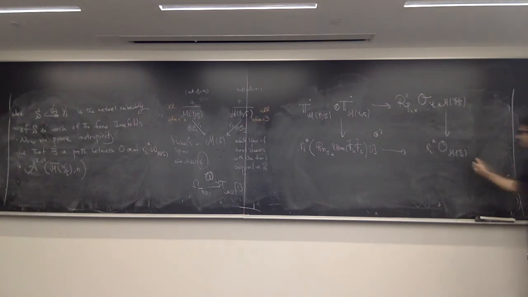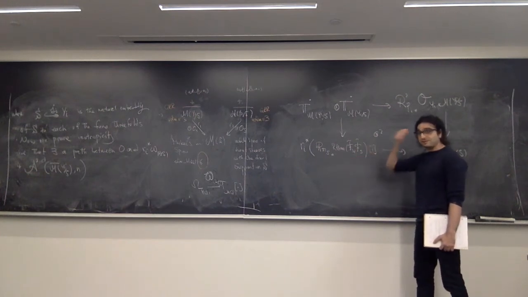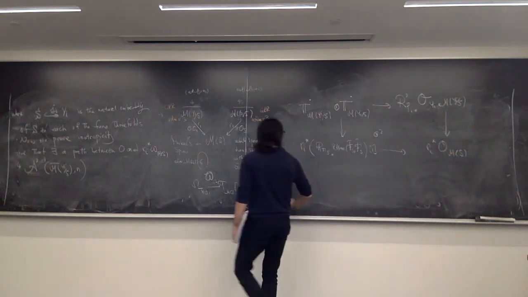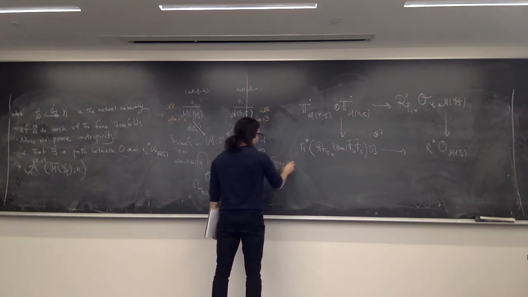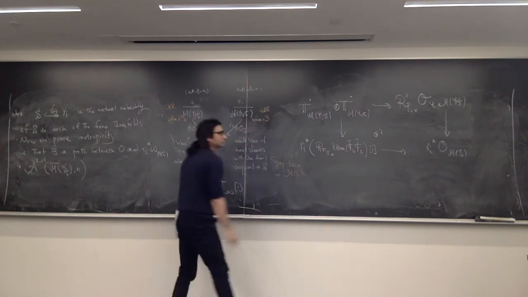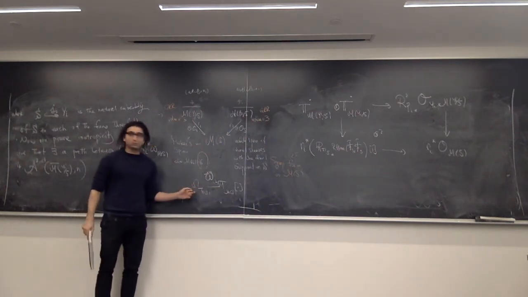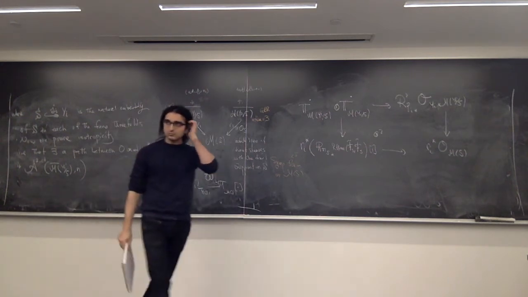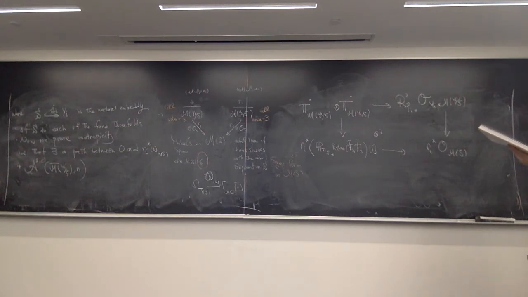So this, in fact, is the symplectic form on the M of S. So it's a map from tangent times tangent to O. Okay? Right, so you have that thing.